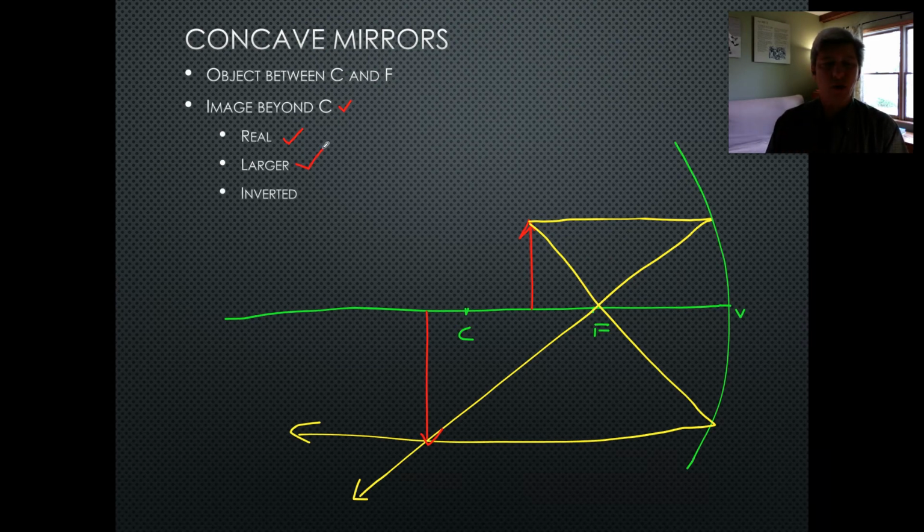It is larger than the object, and it is again inverted, upside down. All right. So we're slowly moving our object closer and closer to the mirror. This one is between C and F. The next one I'm going to draw right at point F. Okay, so let's try that one.